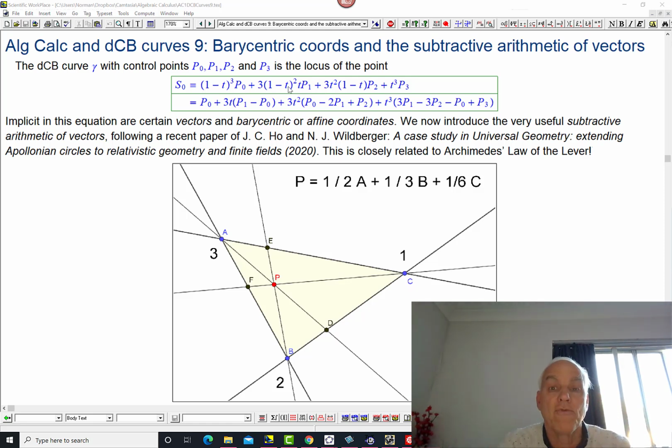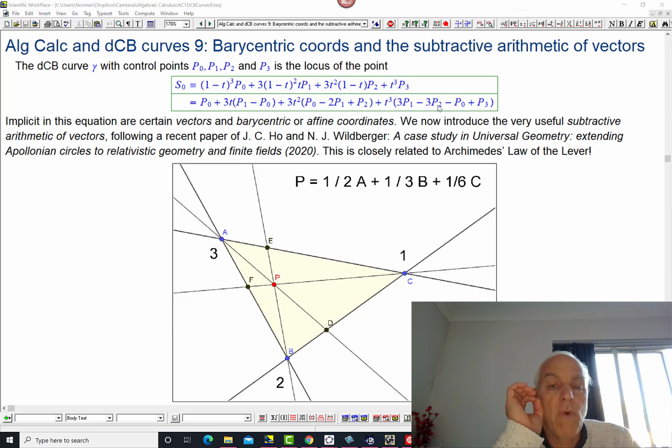Now, we've seen that we can rewrite this by expanding it out and expressing it as a polynomial in t, okay? So constant term, linear, quadratic, cubic terms. We get these coefficients now, which are actually points, okay? So there's a P1 minus P0 here, there's a P0 minus 2P1 plus P2, and there's this curious 3P1 minus 3P2 minus P0 plus P3 over here.